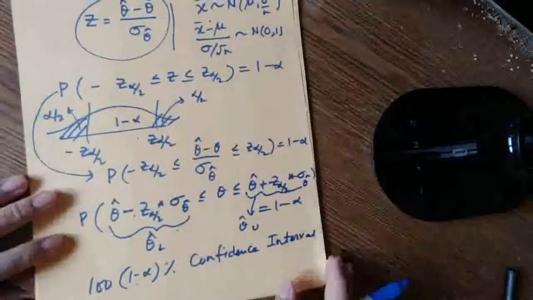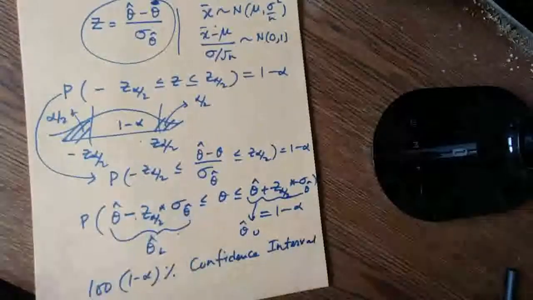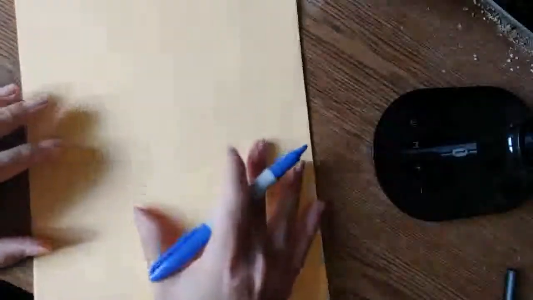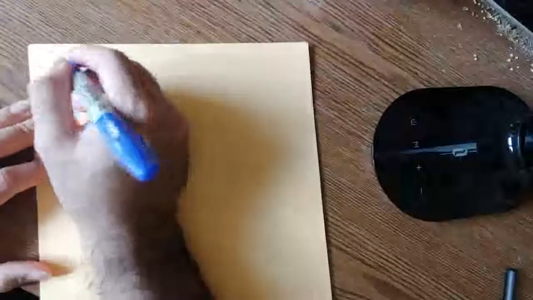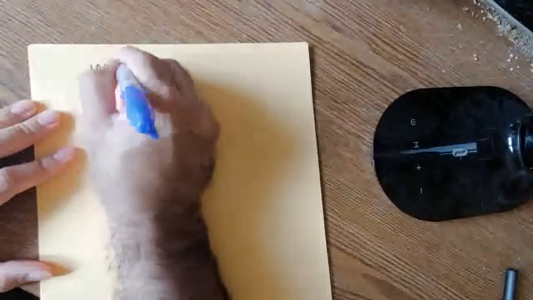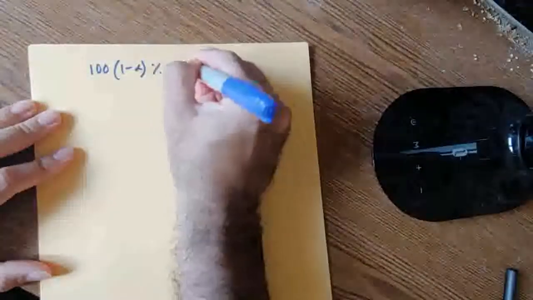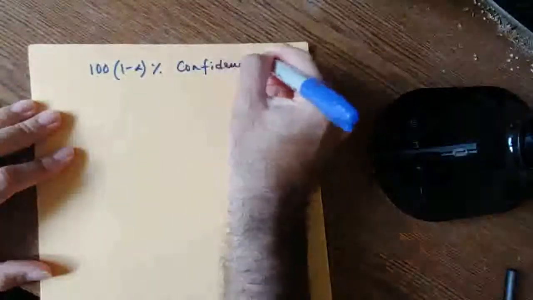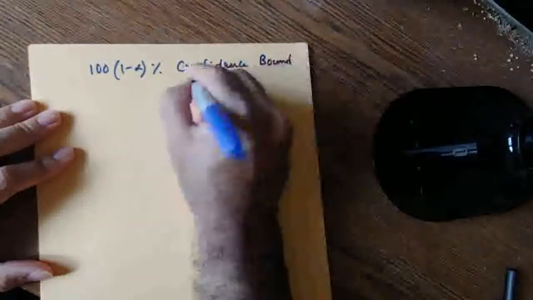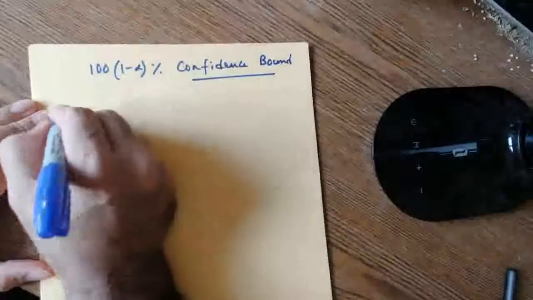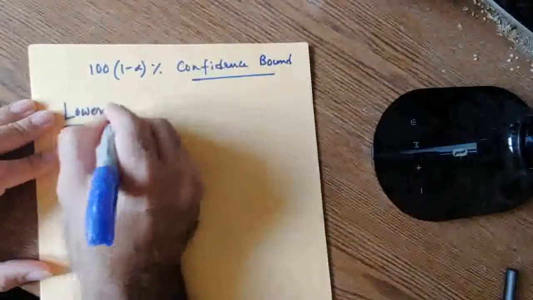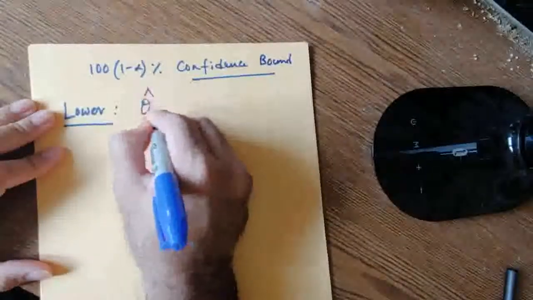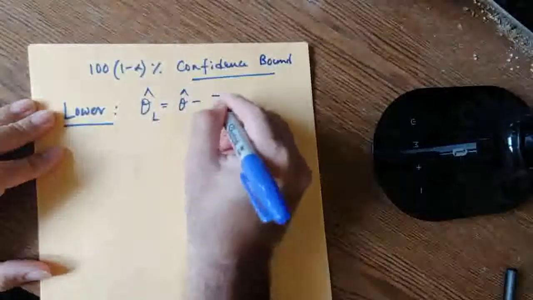Now you can ask, okay, what's going to happen if it's a confidence bound? Well, if it's a confidence bound, then we're going to write this, the 100 times 1 minus alpha percent confidence bound. For the lower bound, theta hat L equals theta hat minus z alpha sigma theta hat.